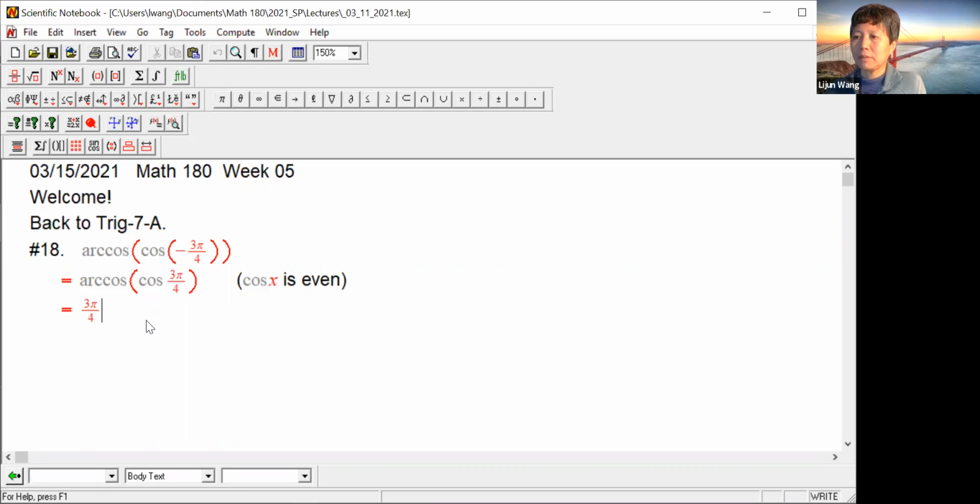And the next step, which property did we use? Here we use this property: arc cosine of cosine x equals x if x is between 0 and pi.